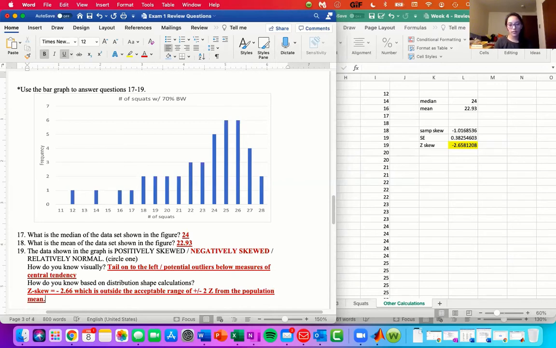Something along those lines would work. You could also write z-scores. That also works. It's different enough from the population, which we always assume is normally distributed. So if it's different enough from the population shape, we can assume we have skewness in our sample.